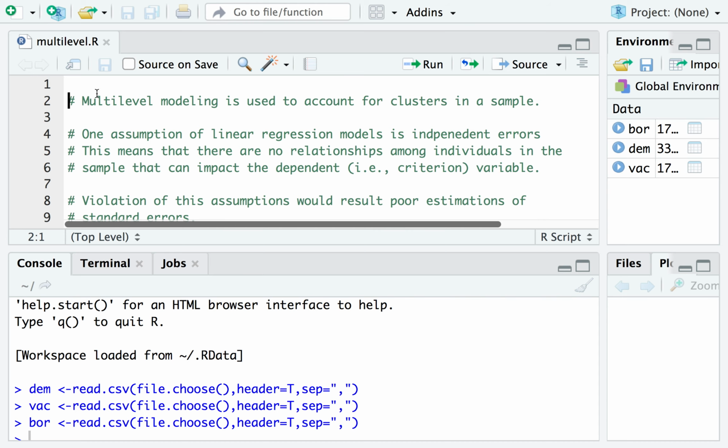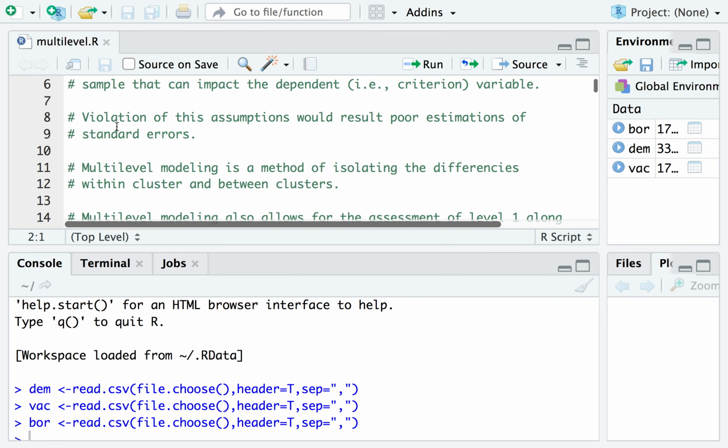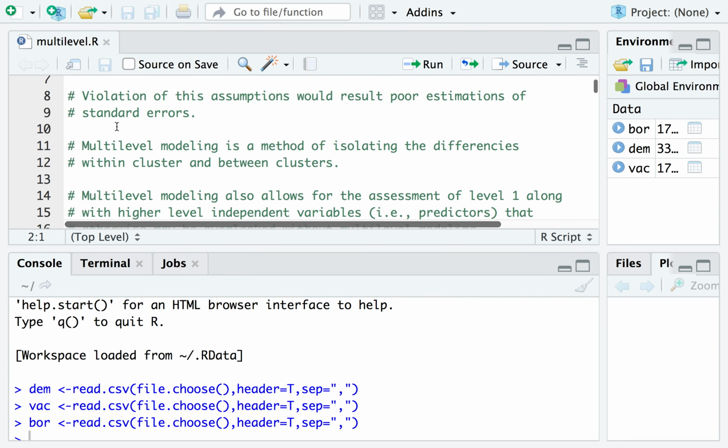And it's not the only reason why you might be interested in using multi-level modeling. That's basically what it does. It accounts for this between cluster variance, between grouping variance, like the variance between schools, and also accounts for variance within the actual school or cluster or grouping that you might be interested in.